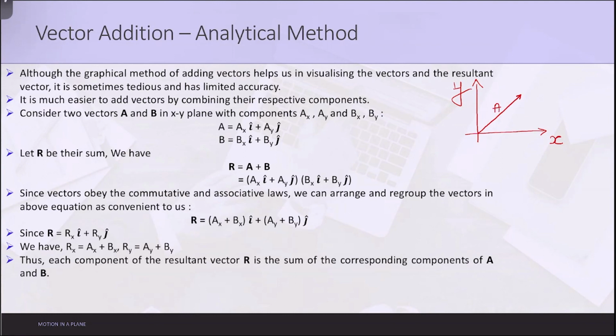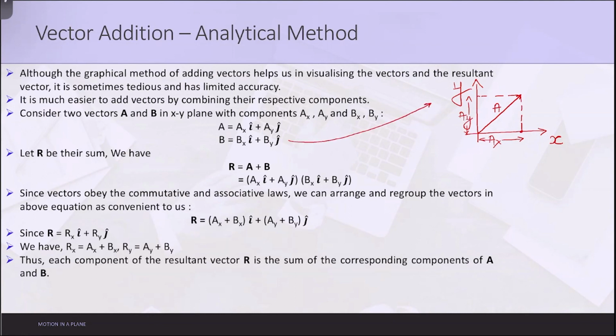How will we calculate the components of vector a? We will just drop a perpendicular from here, and similarly draw a perpendicular from here. The point at which it lands gives the length ax, and the other gives the length ay. That is how we can understand ax and ay. Similarly, we can do the same thing for b also.